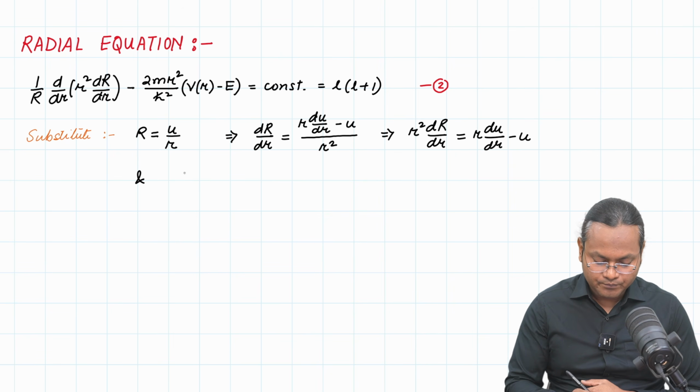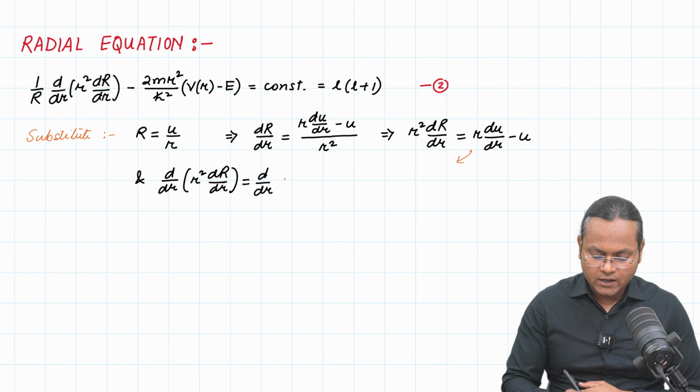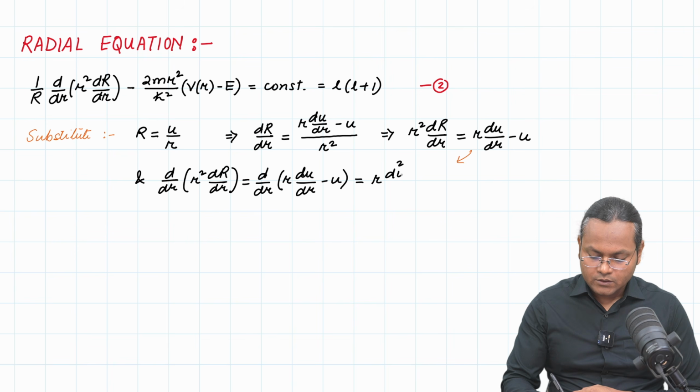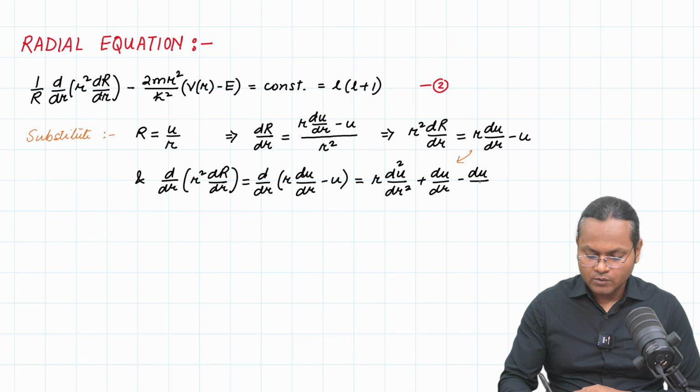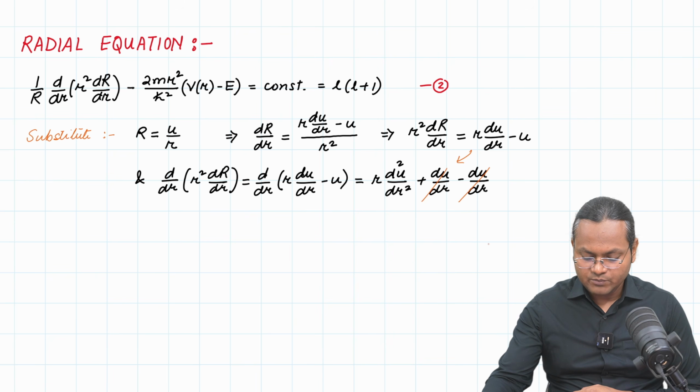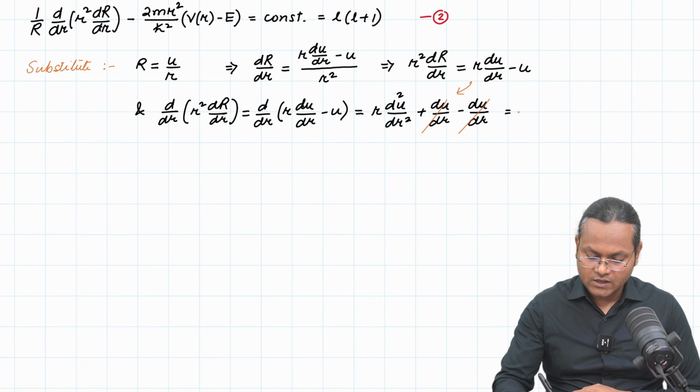And we can also obtain d upon dr of r square d capital R upon d small r, which is d upon dr of r du upon dr minus u, which gives us r d2u upon dr2 plus du upon dr minus du upon dr. These two terms get cancelled out and we are simply left with the first term, which is r d2u upon dr2.